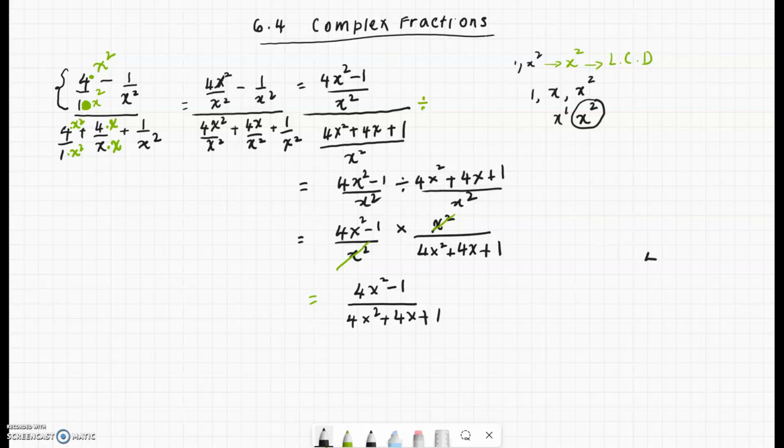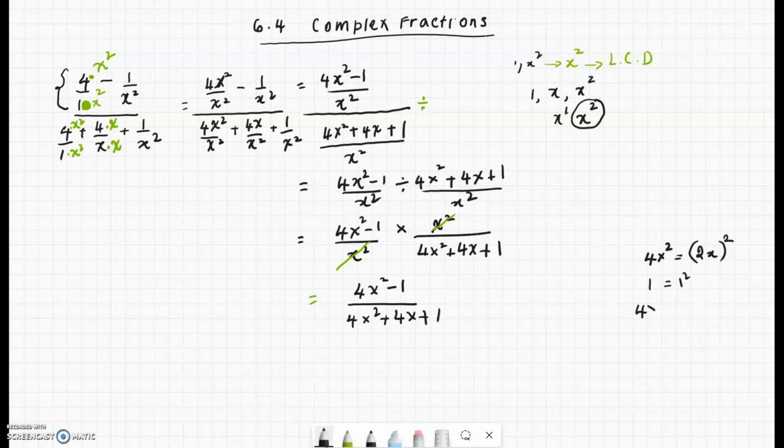Whenever you see a 4x squared, you know that this is a square. 4 is 2 squared, so we can write it as 2x the whole squared. And of course 1 can be written as 1 squared. This is something that you have to get used to, recognizing the pattern of a difference of squares.